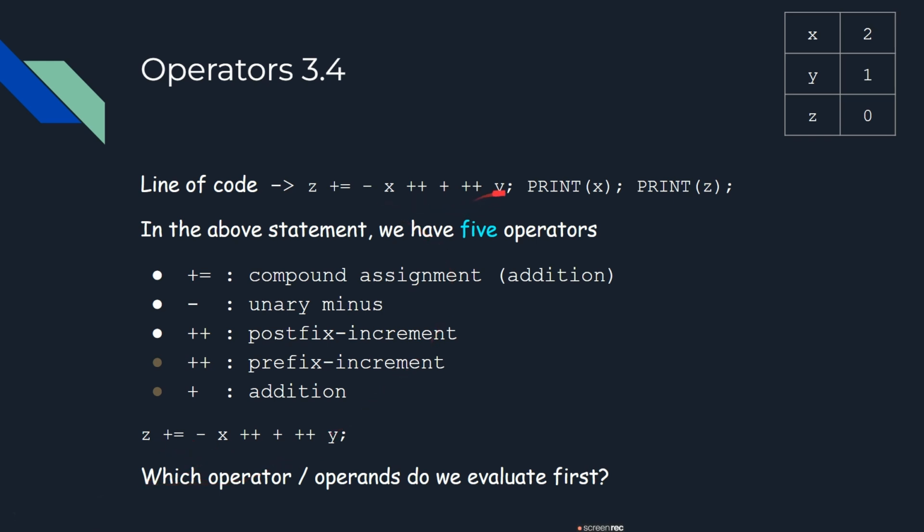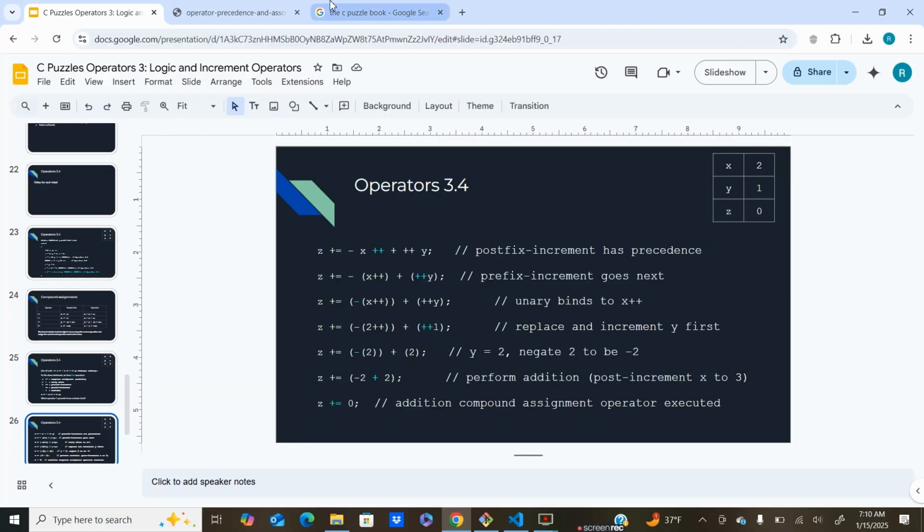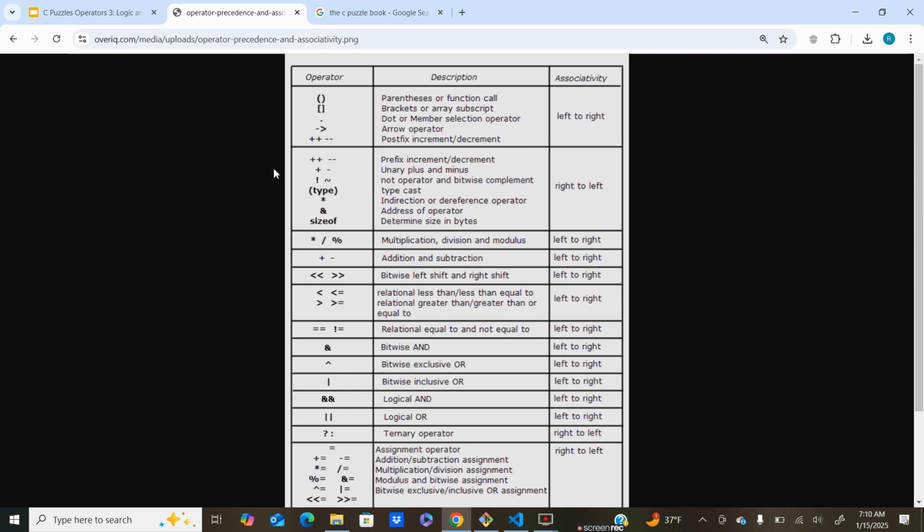So of these operators and operands, which do we evaluate first? The one with the highest precedence. In this case, it will be the postfix increment, although it's not super clear here just by looking at the statement, so we'll have to go ahead and revisit our table here.